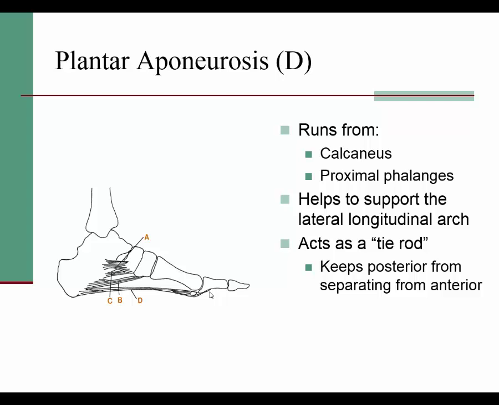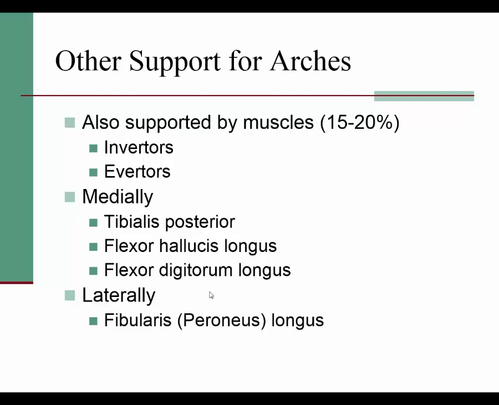Some other support for the arches comes from muscles, about 15 to 20%. You've got your inverters and your everters. Medially, the tibialis posterior, the flexor hallucis longus, and the flexor digitorum longus. And laterally, the fibularis longus, formerly known as the peroneus longus muscle.